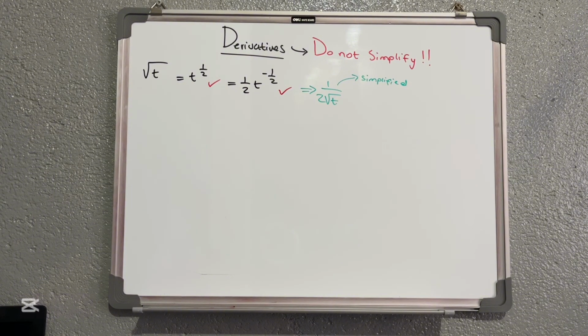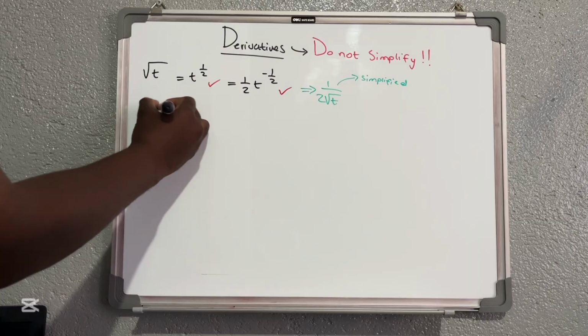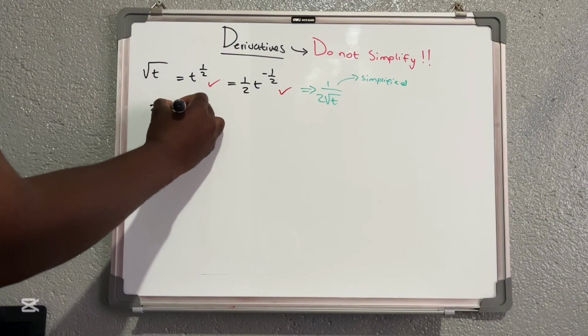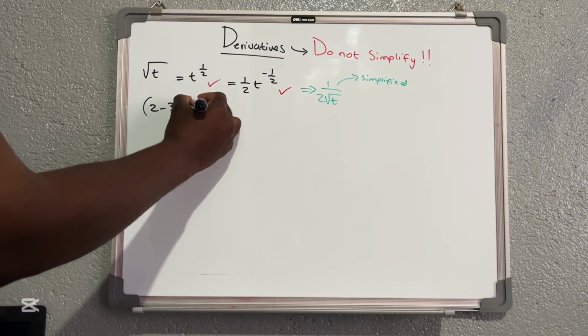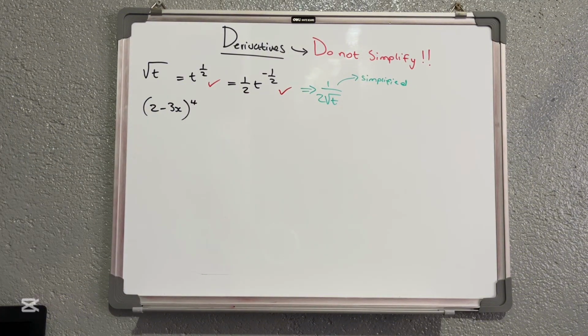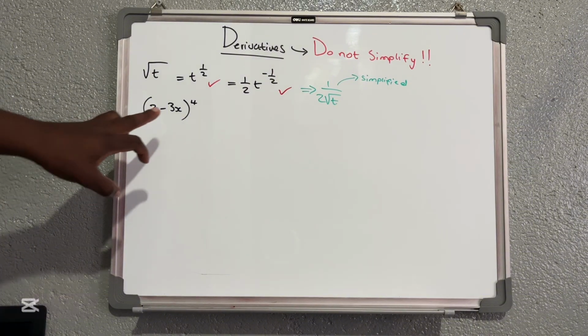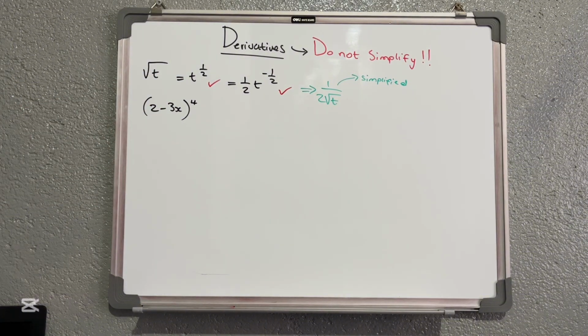So let's look at another example. Now let's just say they've given you something like 2 minus 3x to the exponent 4. If you are given this, you ask yourself again, what type of rule do I have for a situation where I have a function raised to an exponent?